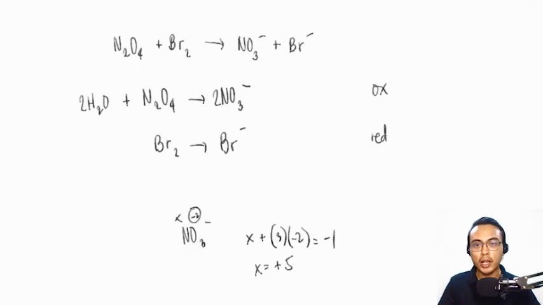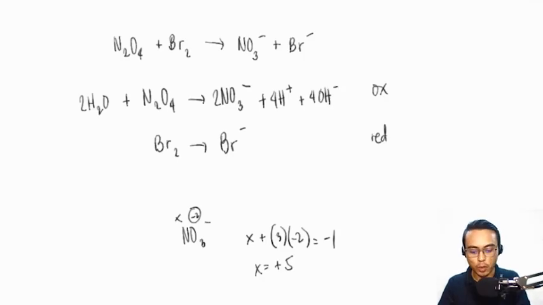And finally, to balance our added hydrogen, we need to add 4H plus on the product side. Until this point, this is still balancing in acidic media. To make it balancing in basic media, we add hydroxide ions. So you have 4 hydronium or H plus ions on the product side, so we need to add 4 hydroxide as well to both sides of the equation.